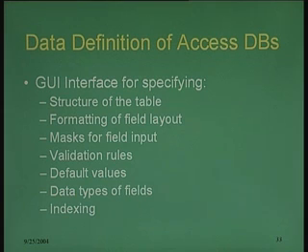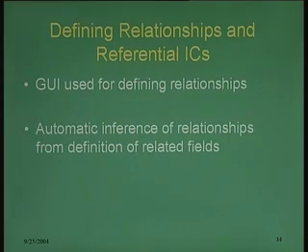What kinds of GUIs are available? We have some screenshots which you will also see of these GUIs later on. There are GUIs for specifying the structure of a table, formatting of the field layout, any kind of masks which deal with invalid inputs, validation rules, default values, data types, index structures, and anything to do with database design can be specified using graphical user interfaces.